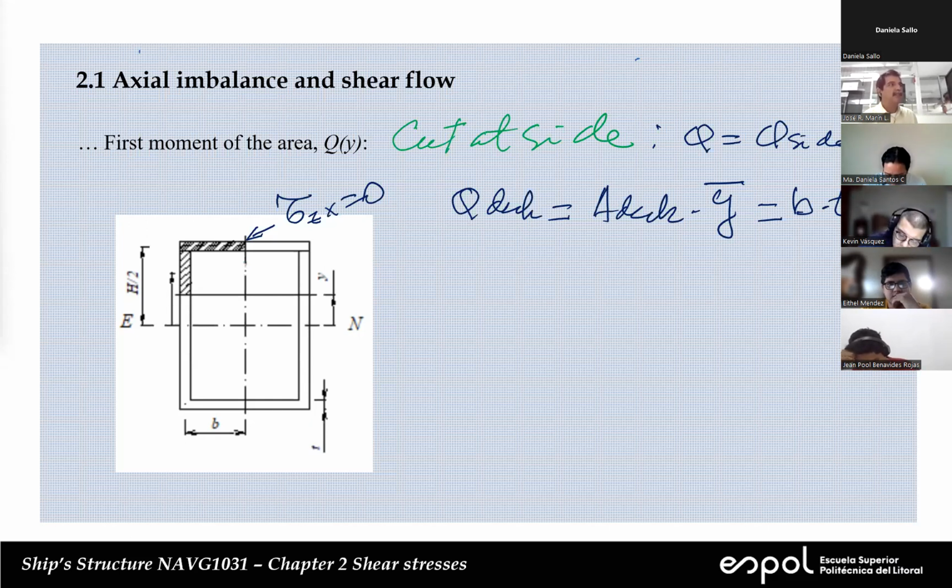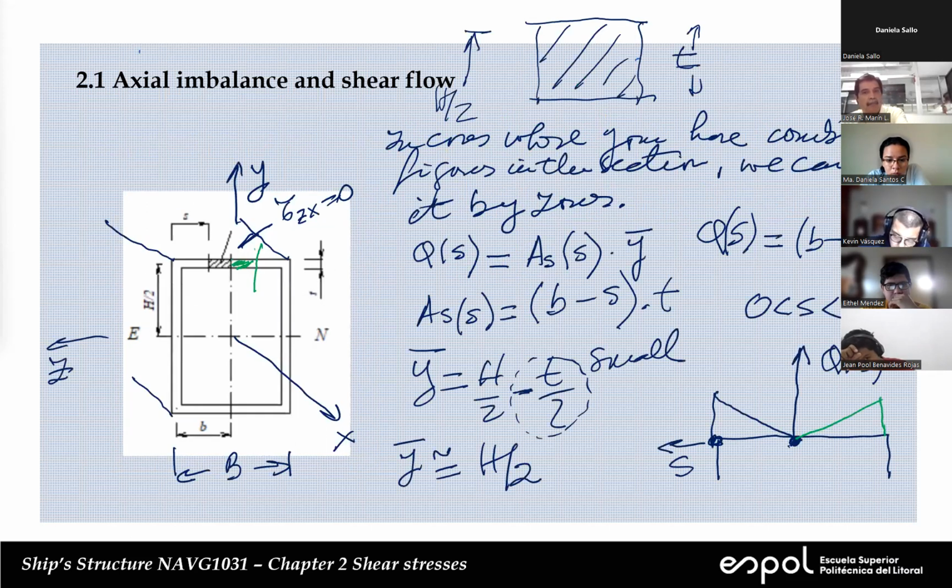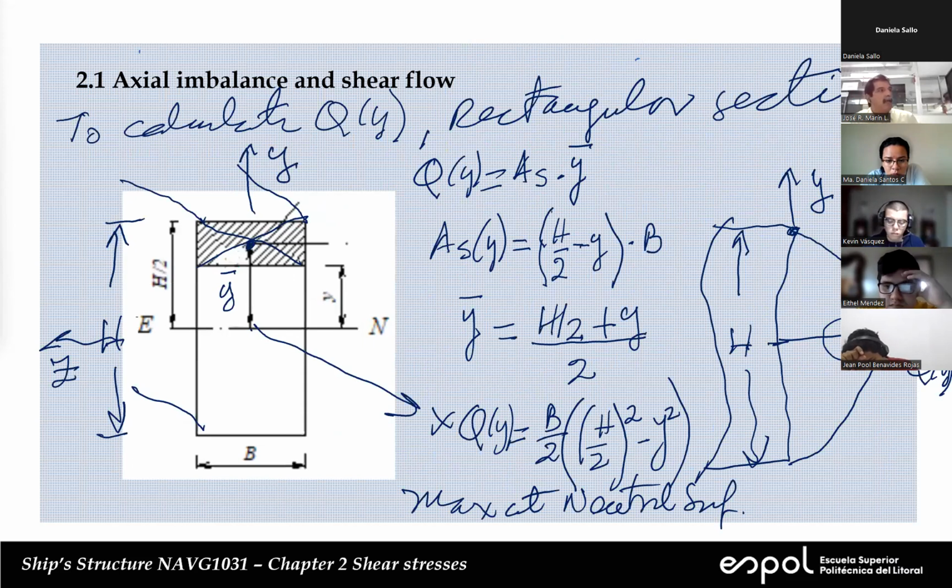Now comes the most interesting part, Q of the side. This depends on y, because the point where I make the cut, which I define as y, changes. You can make a cut down here, or you can make it very high up to here. So this is a problem that we already solved. Let me go back. So this is the same. You see, it's a vertical rectangle.